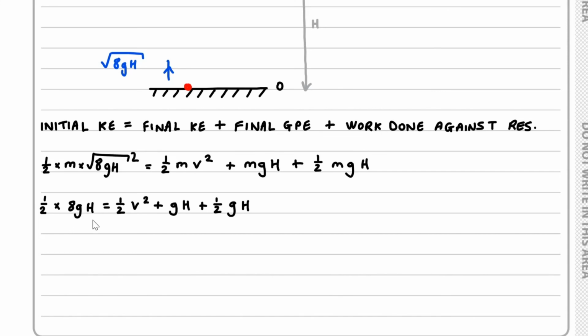So with a slight bit of rearranging and also multiplying through by the 2, we end up with v squared equals 5gh, and therefore v is equal to 5gh square rooted.